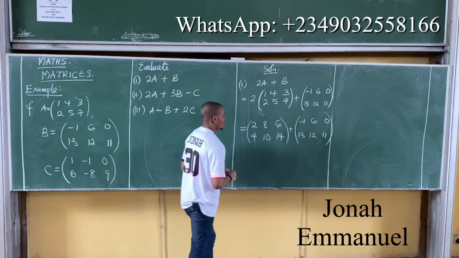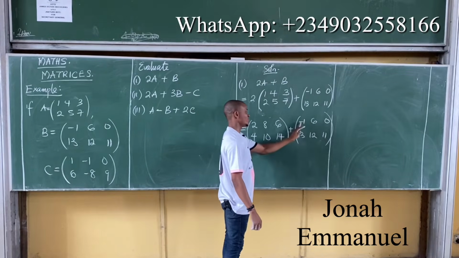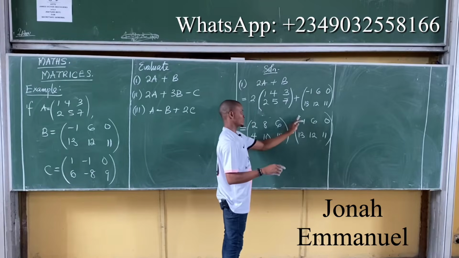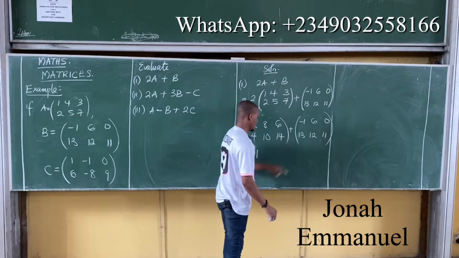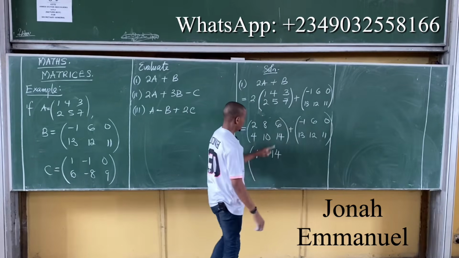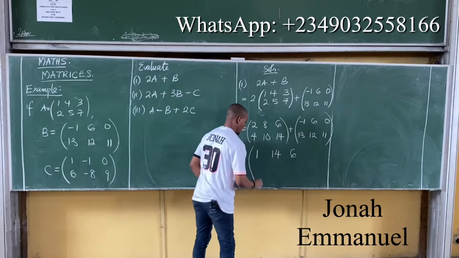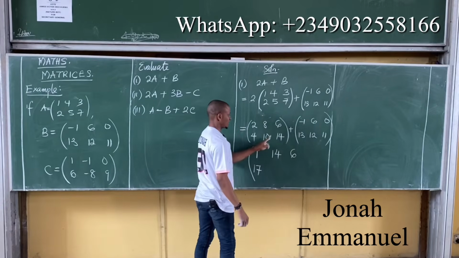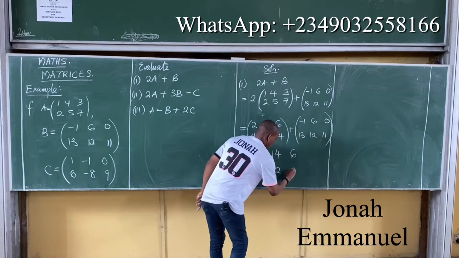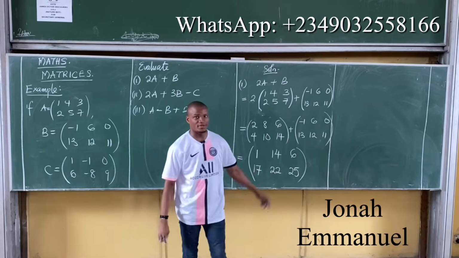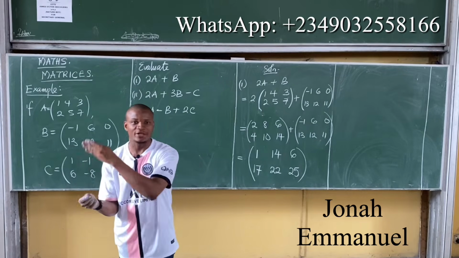Now add them up. 2 plus minus 1, plus minus is minus, gives you 1. 8 plus 6 gives you 14. 6 plus 0 gives you 6. 4 plus 13 gives you 17. 10 plus 12 gives you 22. 14 plus 11 gives you 25. So when they say 2A plus B, multiply A by 2, and add it to B. That's all.